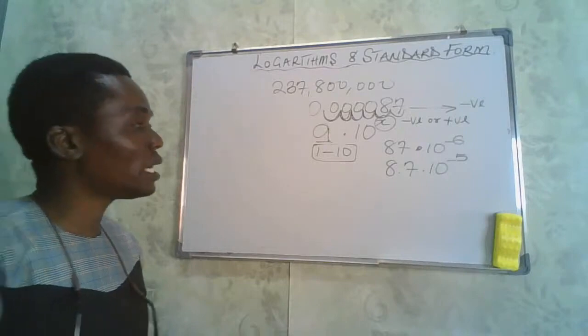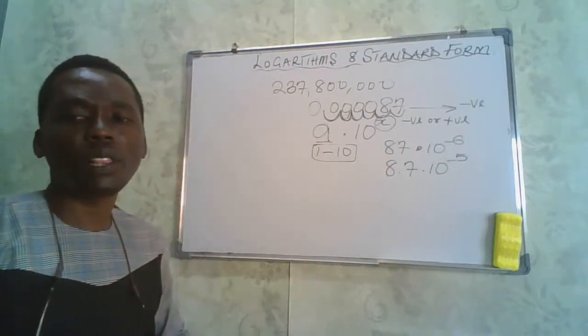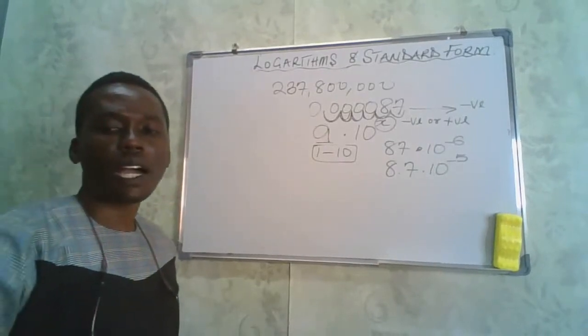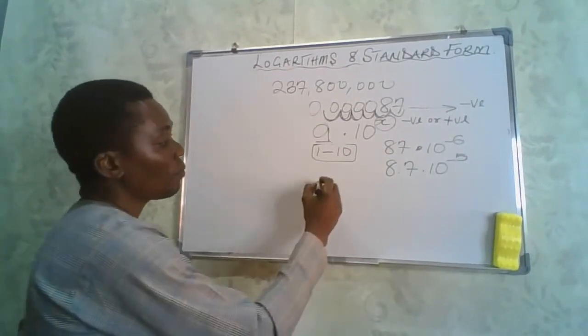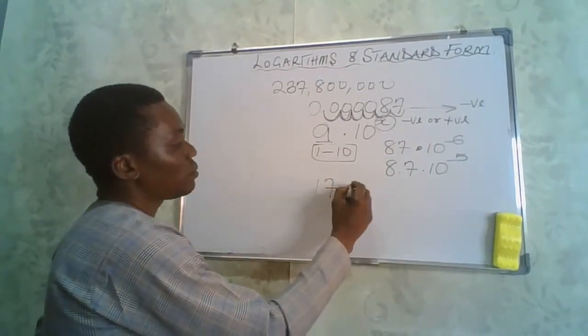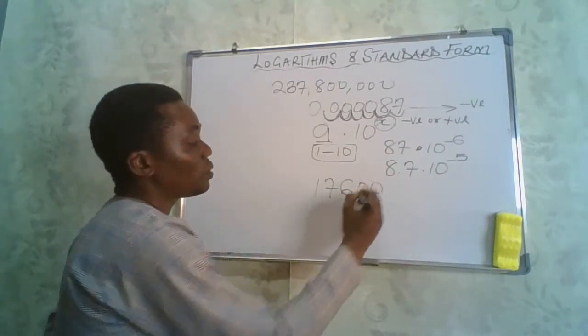How do I mean by that? Let me illustrate with this. Now, if I have this number, 17600.